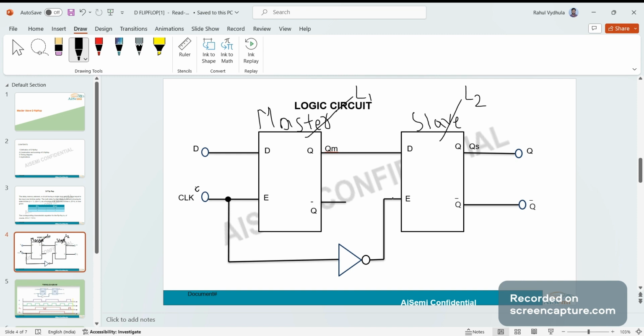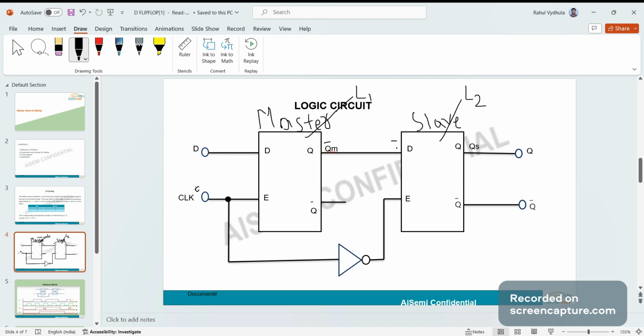That means this is a master and this is a slave. The Q output of the master we connect to the D latch of the slave. For this output, it will become this input.